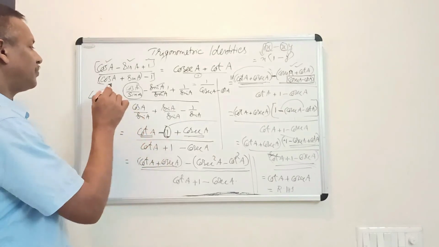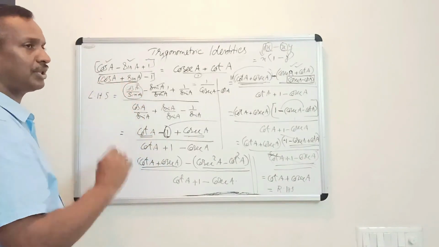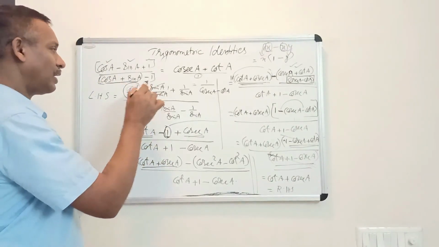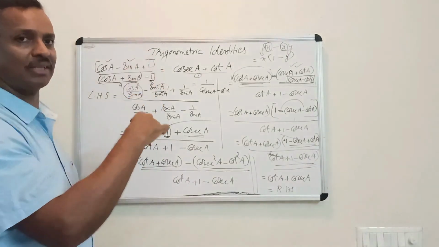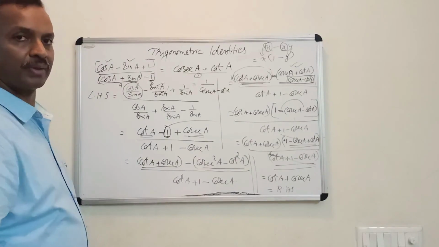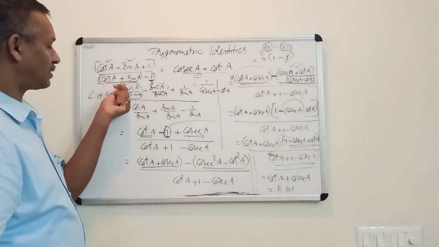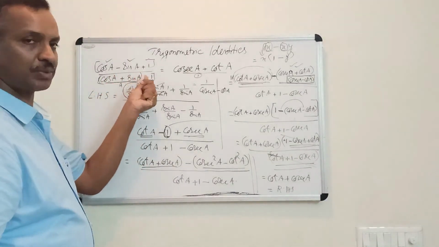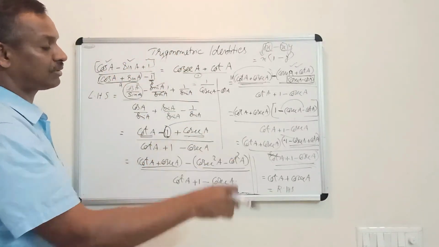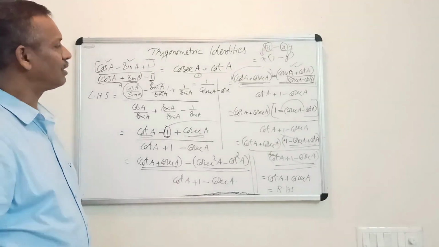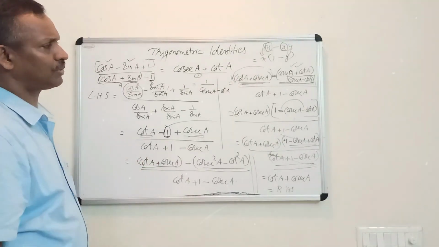Instead of that, we group cos and sine together as a single term, and this is taken as A and this is taken as B. Then the rationalizing method also you can follow. Don't change the first bracket sign, make the second bracket sign plus 1, and multiply numerator and denominator, and then also you will reach this type of result. Try those methods. This is very easy, you can follow it.